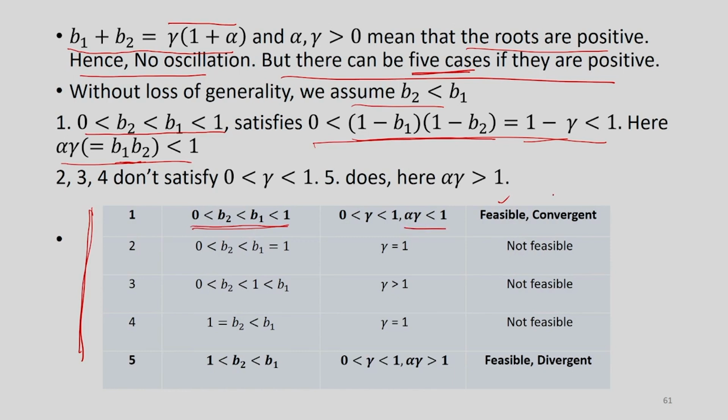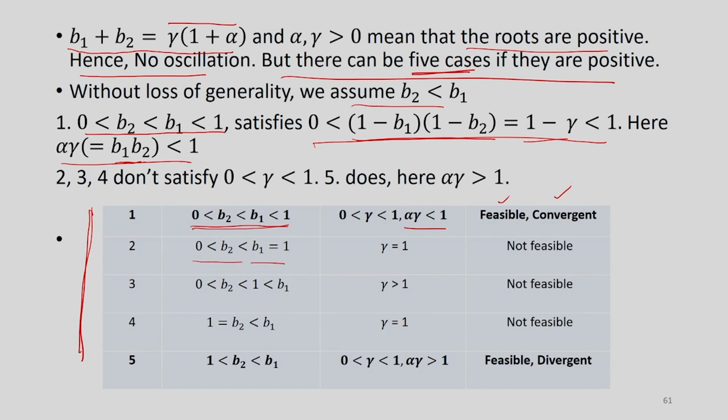Here what is the time path? It is going to be convergent, right, because both the roots are less than 1 and greater than 0. So, it is convergent and obviously it is going to be monotonic. So, this is possible. What about the second case? Second case is the larger root is equal to 1.